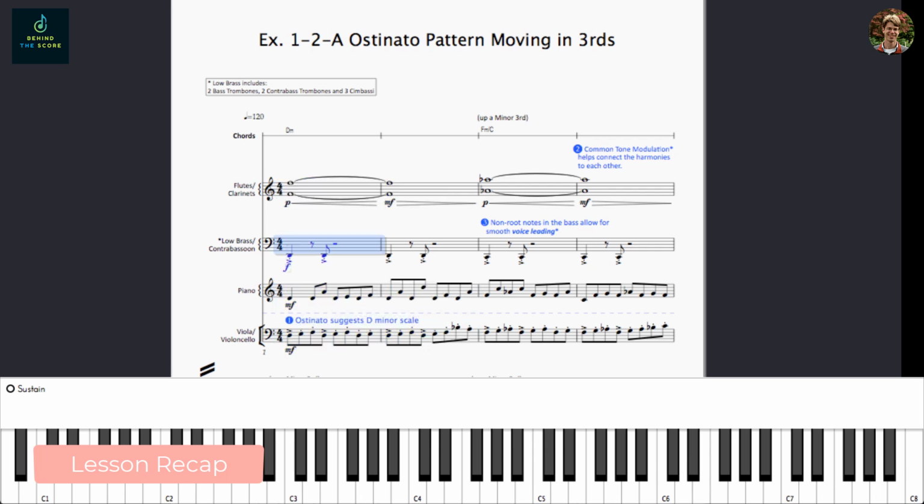And then we have our bass line. And instead of repeating the same music, we take the same ideas and we modulate them. So we take this idea and we basically modulate it up a third from D minor to F minor. And as we do that, we're also changing the bass.